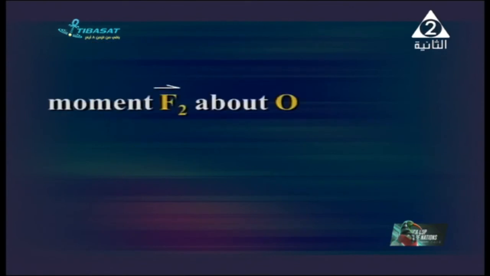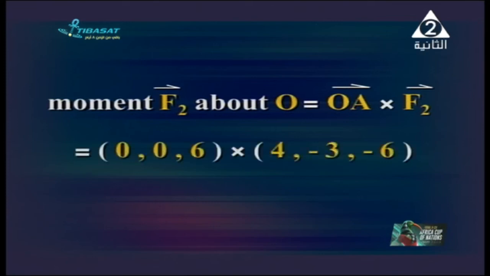Moment F2 about the same origin point O equals OA vector cross F2. What is the OA? 0, 0, 6. What is the component F2? From the previous result we find F2 by using F2 multiplied by the F2 unit vector, the component of F2 equals 4, -3, -6.